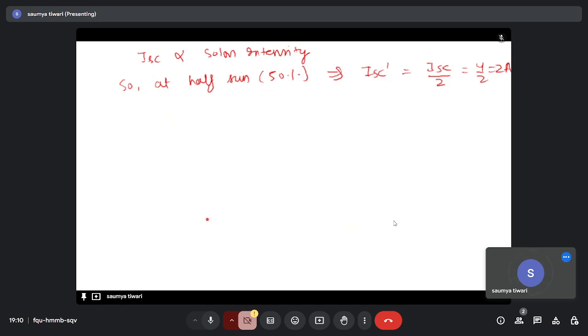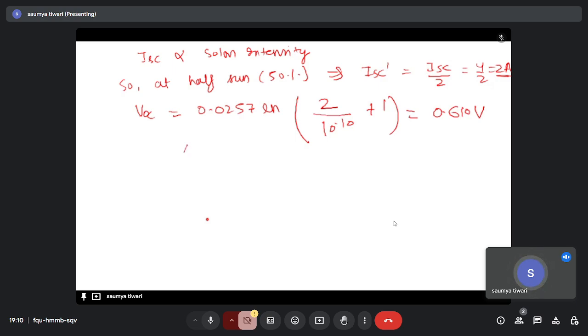right? So if we calculate the VOC now, it will be 0.0257 log of ISC dash, which is 2 ampere upon reverse saturation current, which was 10 to power minus 10, right? Plus 1, and it will be 0.610.